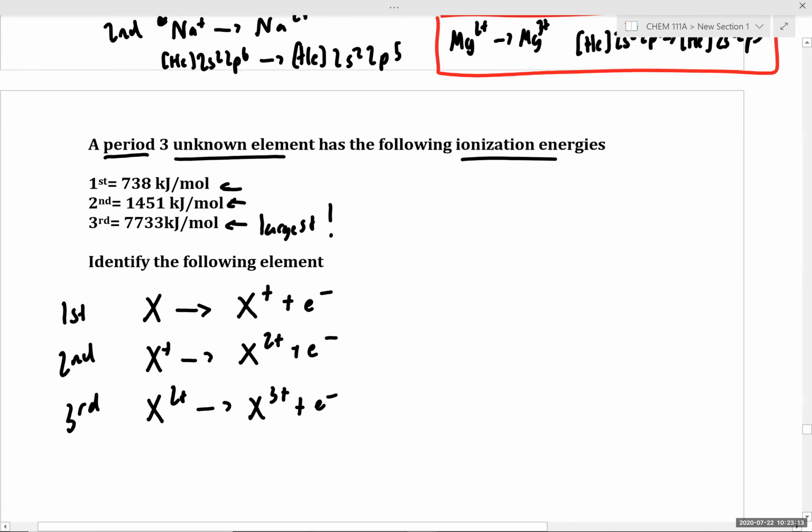So my question is, looking at this problem, which ionization corresponds to ionizing a noble gas configuration? Which ionization has the largest ionization energy?